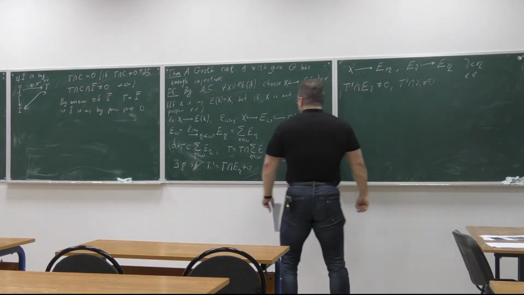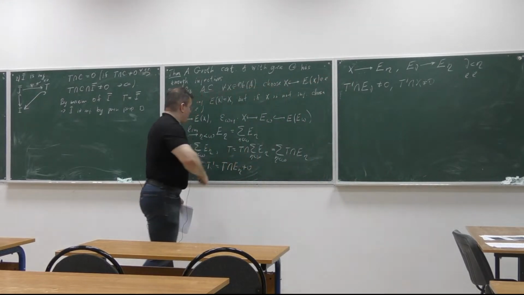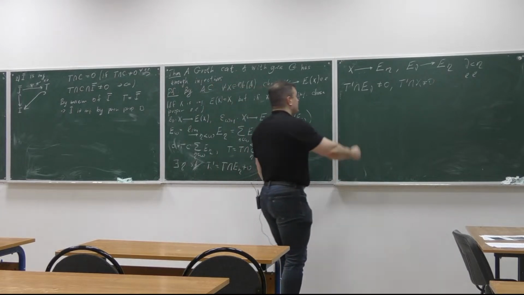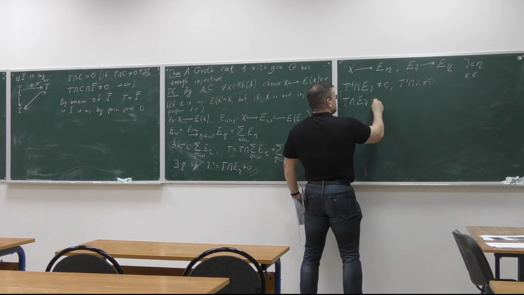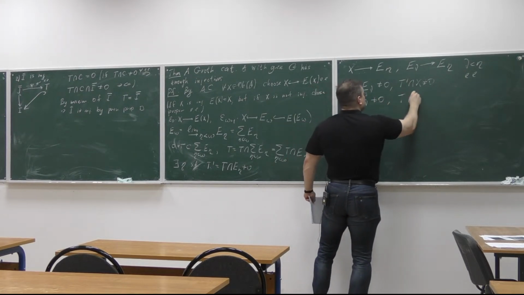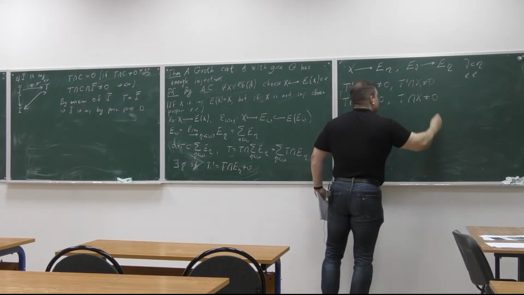Well, but if this is true for some sub-object T prime of the object T, I can immediately conclude that the T intersection with the E mu is not 0, T intersection with X is not 0.